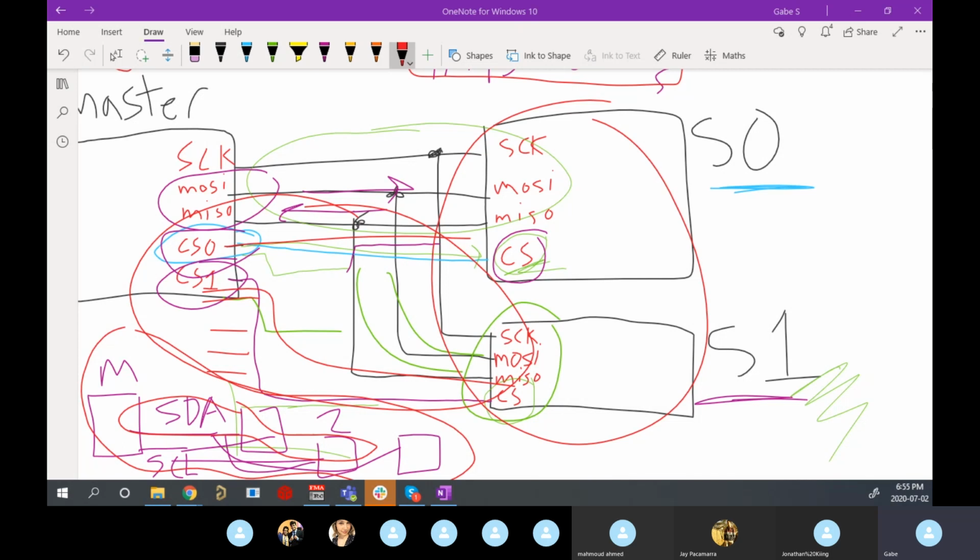So let's look at an example maybe of some data that might go across an SPI bus. There are a bunch of different modes, which we'll talk about in a second, but let me just pull up a picture here.